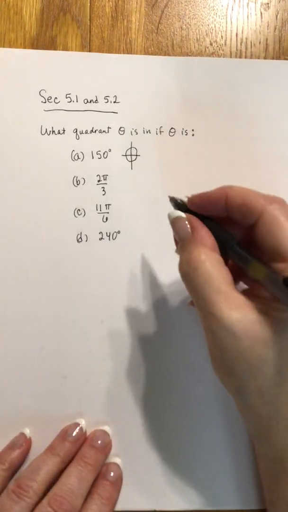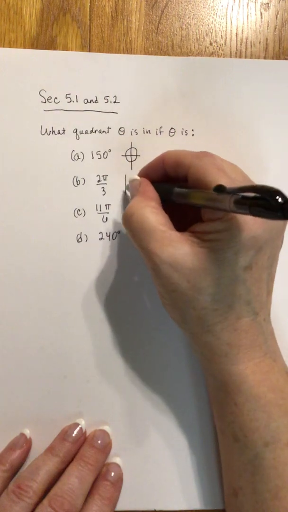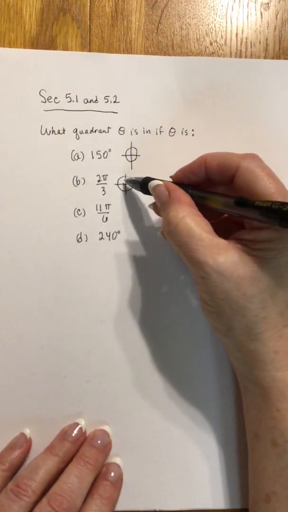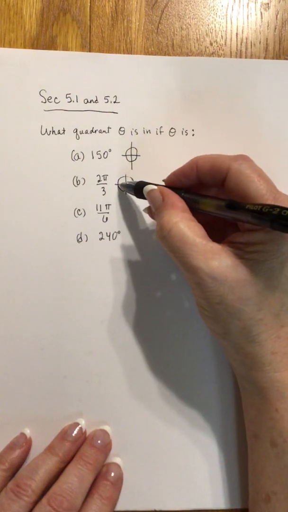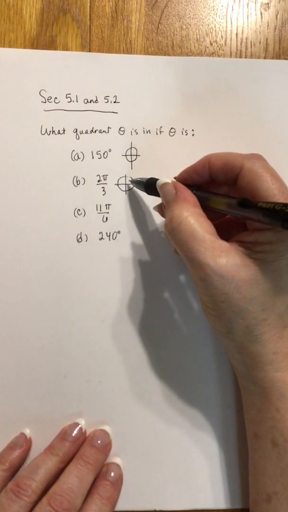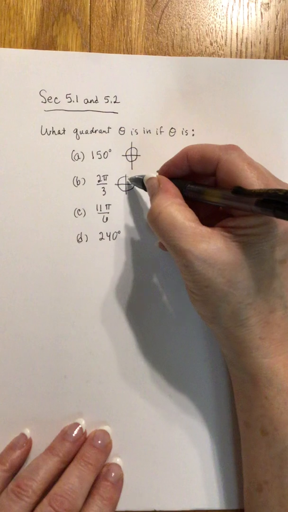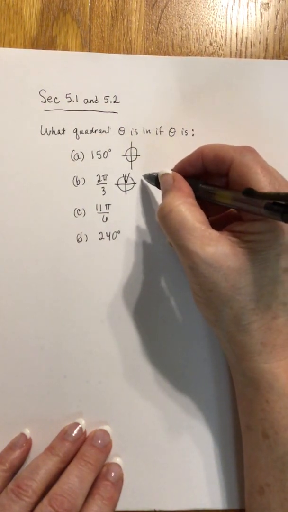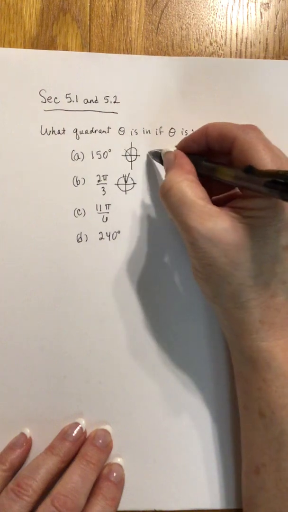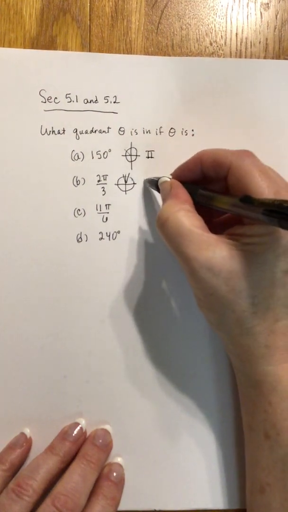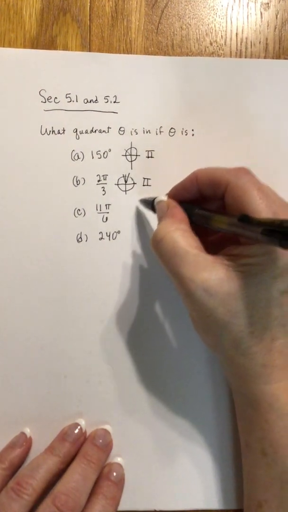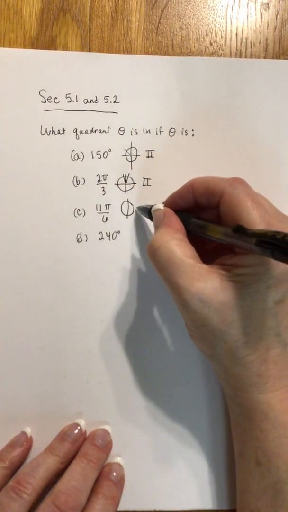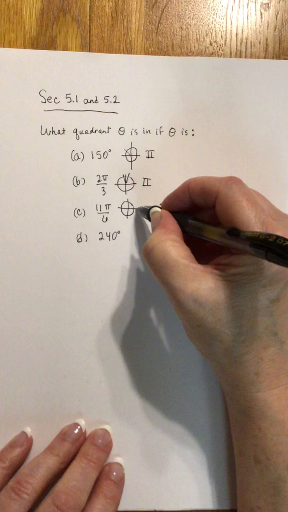Okay, 2 pi over 3. We know it's got to be somewhere in quadrant 1 or quadrant 2 because this would be 3 pi over 3. So 2 pi over 3, this would be 1 pi over 3, so 2 pi over 3 would again be in quadrant 2. 11 pi over 6, we know is almost back to our starting point again.